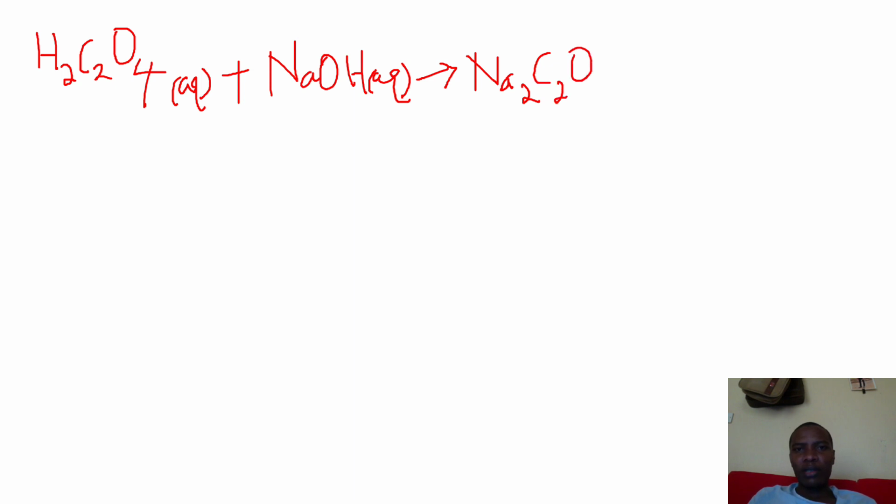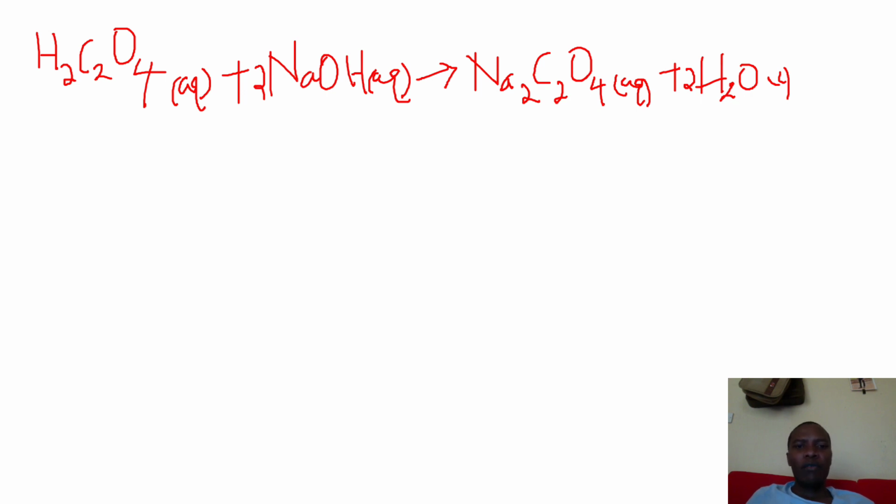That is how we write sodium oxalate alongside the water. Now, when you balance this equation, you require a 2 on sodium hydroxide, and you also require a 2 on water so that you balance the hydrogens. So we have that kind of an equation.